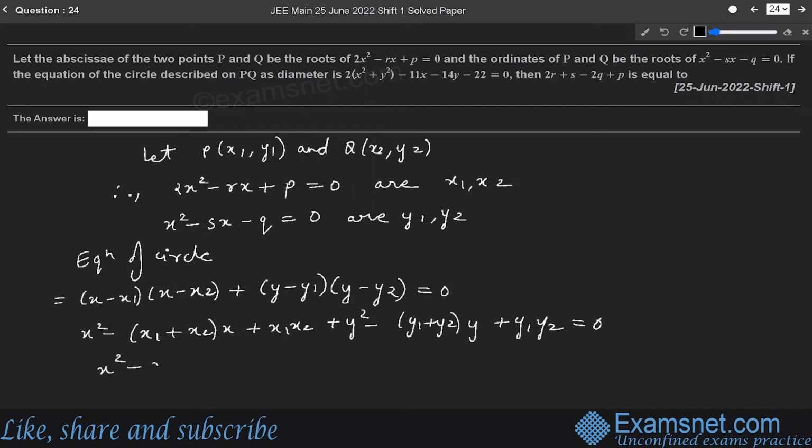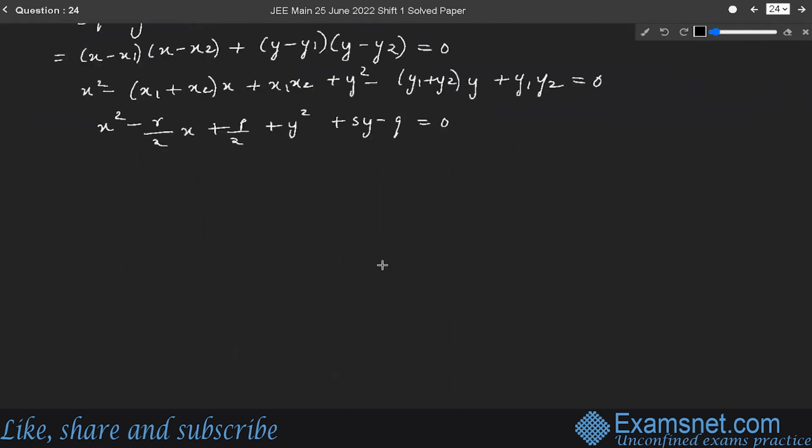So x square minus r by 2 x plus p by 2 plus y square plus sy minus q is equal to 0. Therefore, we can say that 2x square plus 2y square minus rx plus 2sy plus p minus 2q is equal to 0.